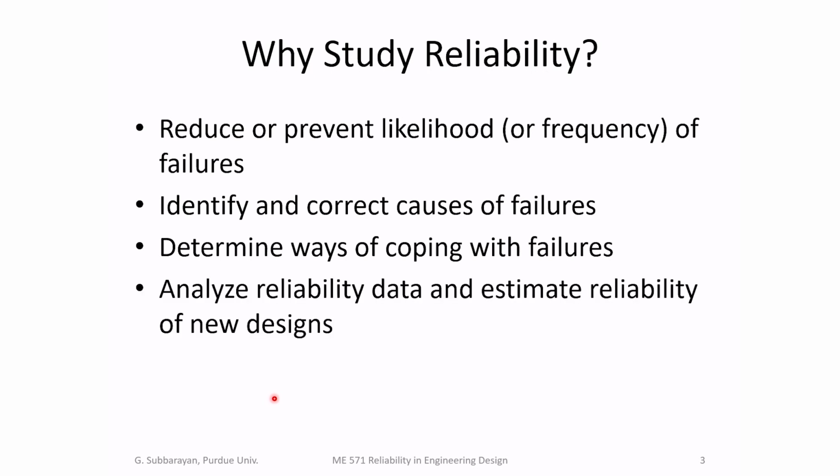And we also want to analyze past reliability data to be able to estimate reliability for new designs where we may not have enough data. So we want to be able to understand and analyze failure data. Ultimately, what we really want to do is design to ensure reliability. That's the reason why we want to study reliability in this particular course.